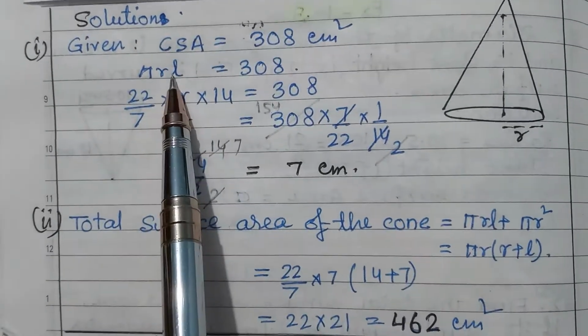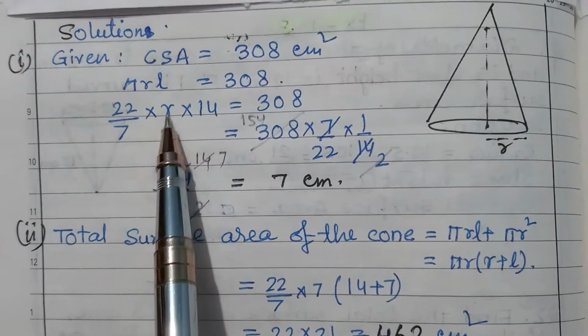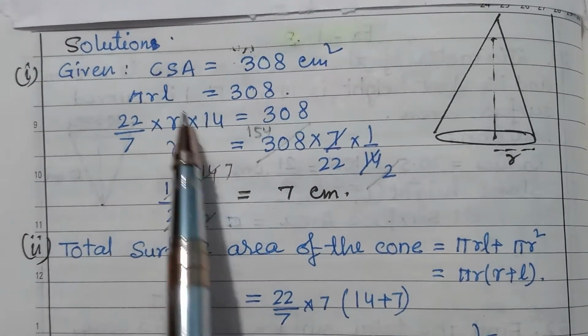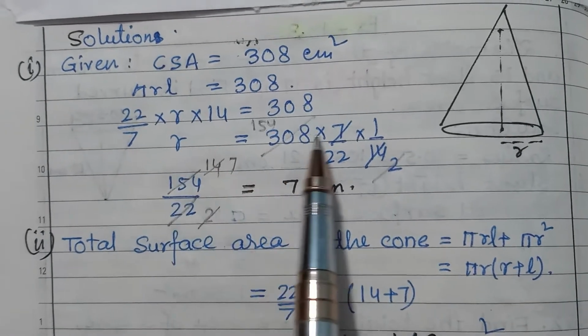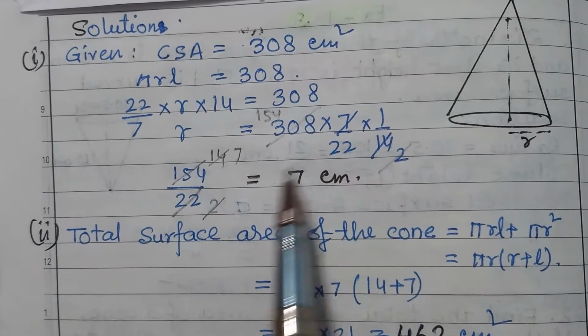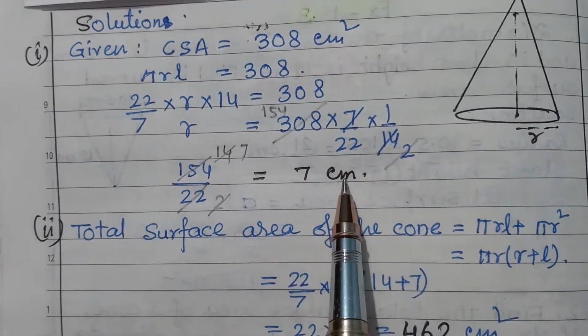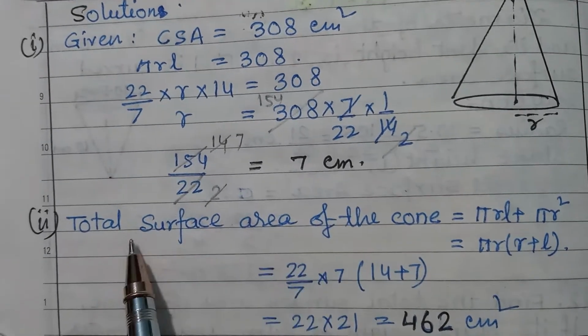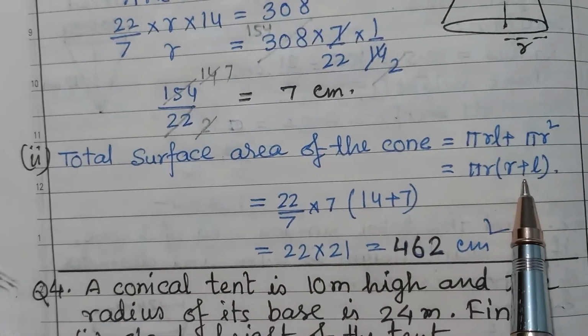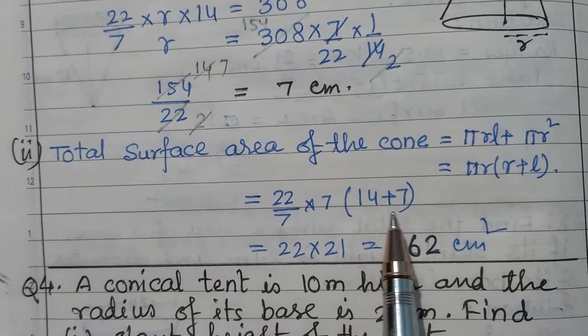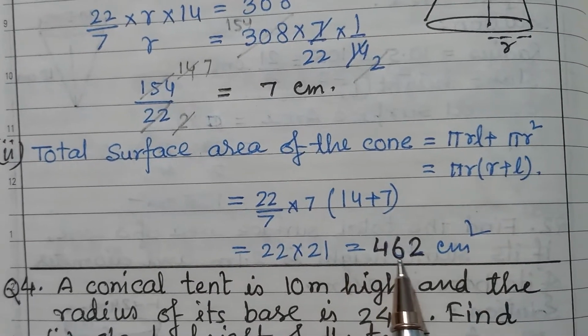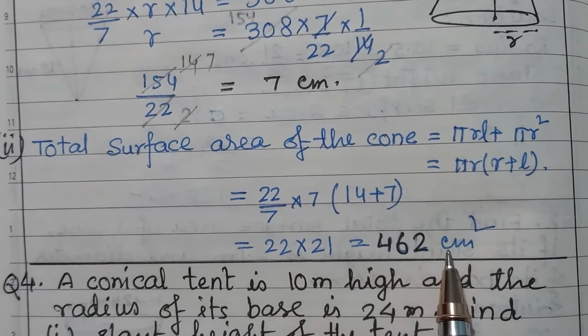From here R is not given, so substitute the value of L. Calculating it, R is 7 centimeter. Now that we have R, the total surface area formula is this; substitute the values of R and L, and it is 462 centimeter square.